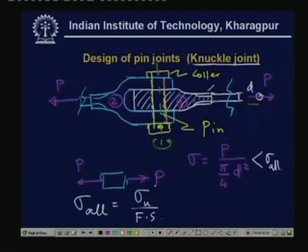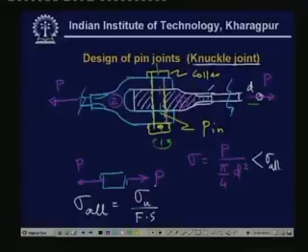Ultimate stress is tabulated. We will have to select the material. Material selection is one of the very important things in design. First of all, we will have to select the proper material, and material selection depends on various other factors, such as the environmental conditions, the temperature, etc. When the material is properly selected, sigma u can be looked up from the table, and the factor of safety is chosen.